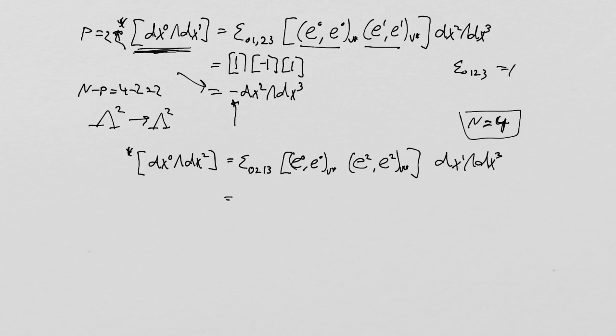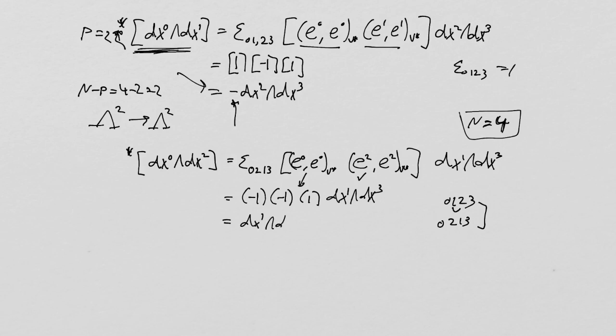And then this guy, 0, 1, 2, 3, going to 0, 2, 1, 3. What is that? That's 1 flip. Just I flip these two and I get it, right? So 1 flip is odd. So this is minus 1. This guy here, that's minus 1. And this guy here is 1, right? So then dx1 wedge dx3.